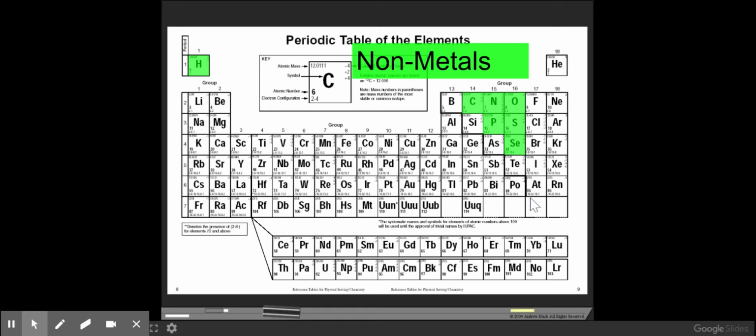That really includes group 17 and group 18, but we specifically have names for group 17 and group 18 also. Notice how hydrogen is highlighted. Even though hydrogen looks like it's on the metal side, it's actually a nonmetal. It's the only one on the left side of the periodic table that kind of doesn't fully belong there.